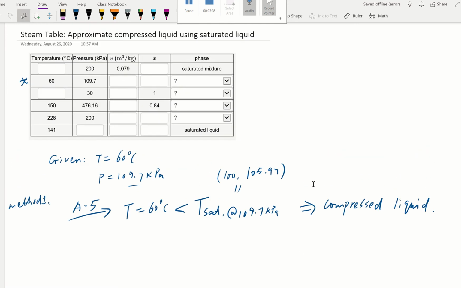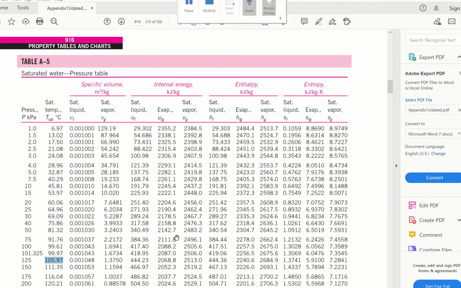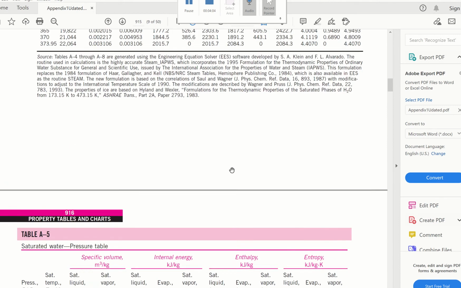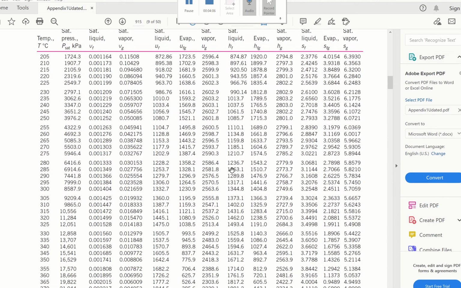Then we're going to look at method number 2. So we determined it's compressed liquid. Here I'm going to demonstrate using the temperature table, table A4. Using table A4, we should get the same answer, compressed liquid. But here is how. We're given 60 degrees Celsius, so let's go to table A4 and look at 60 degrees Celsius.